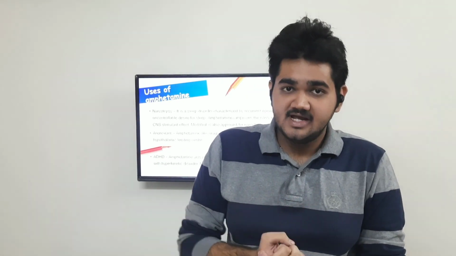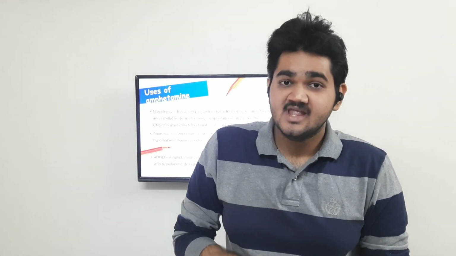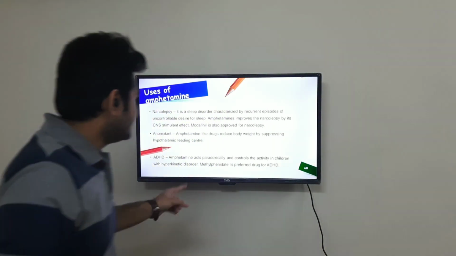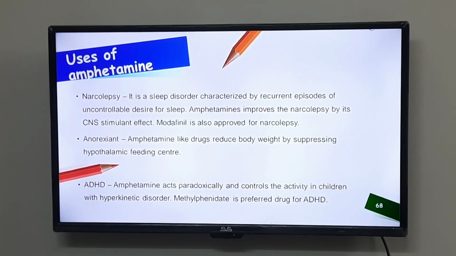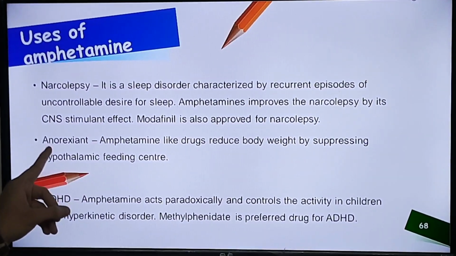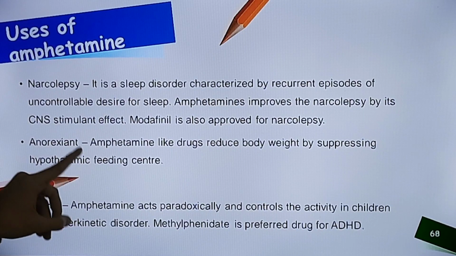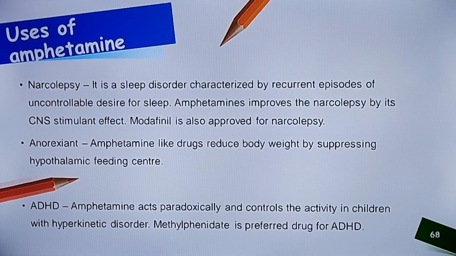So अगर हमने भूख को कम कर दिया that means the person will eat less, और अगर पर्सन कम खा रहा है उसका जो बॉडी वेट है वो रिड्यूस हो जाएगा. Similarly, our amphetamine is doing such kind of things by suppressing the hypothalamic feeding center. So amphetamine का और एक यूज है that is anorexant.